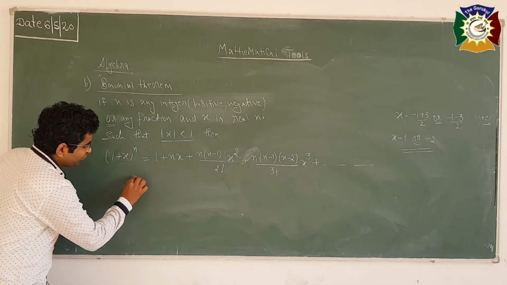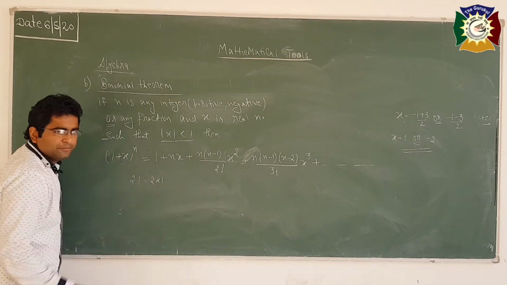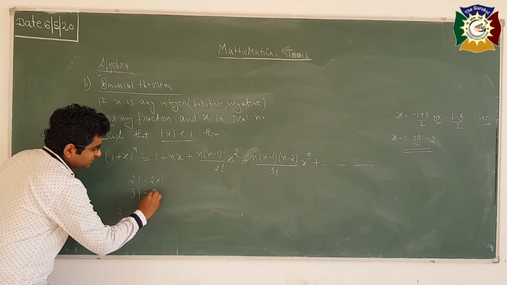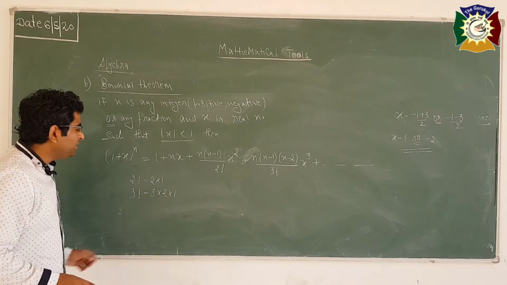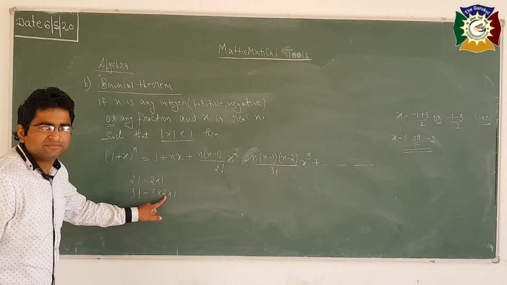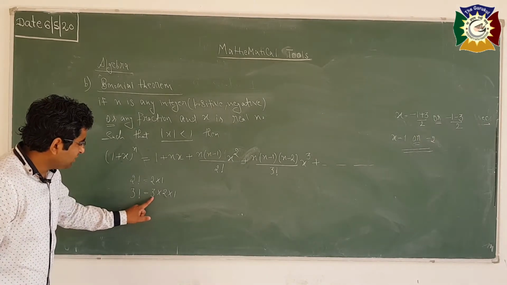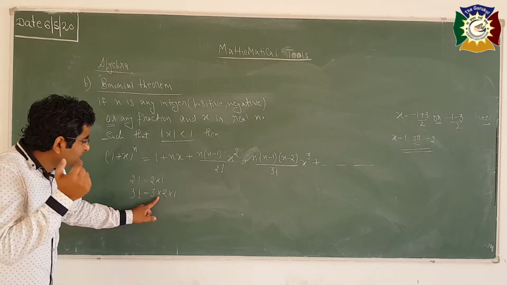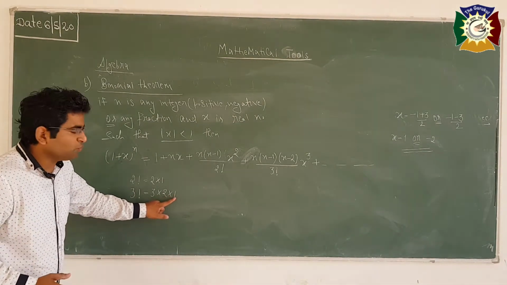Okay, if I write 2 factorial, its value is 2 into 1. If I write 3 factorial, its value is 3 into 2 into 1. Means you have to multiply the successive digits. For example, 3 factorial, 3 into successive 1 decrement in 3, 2, multiply by 1 decrement in 2, 1.